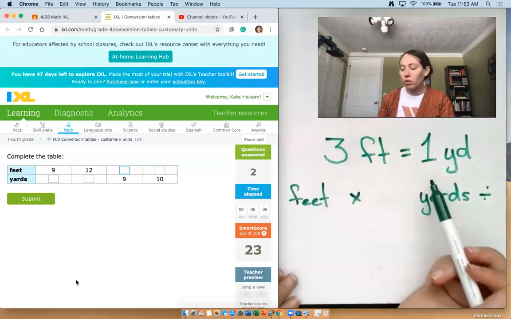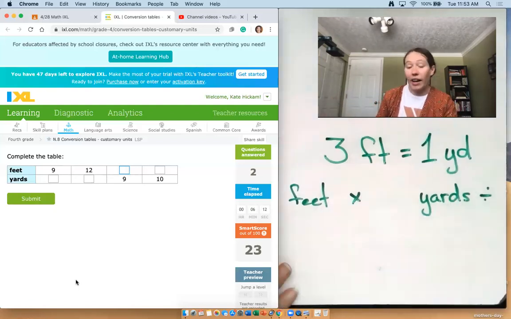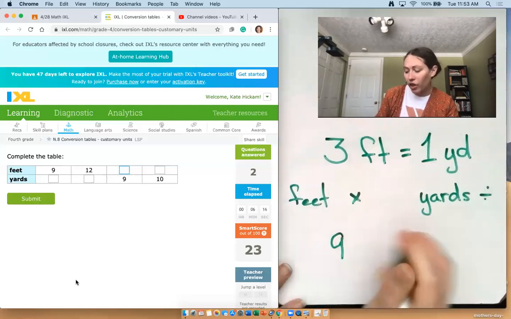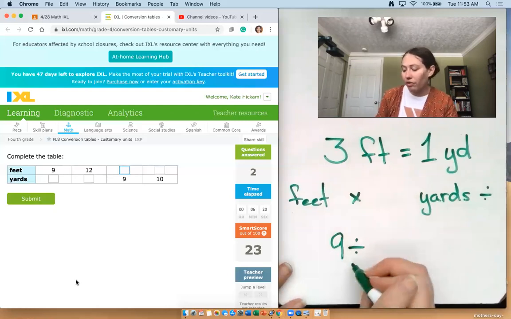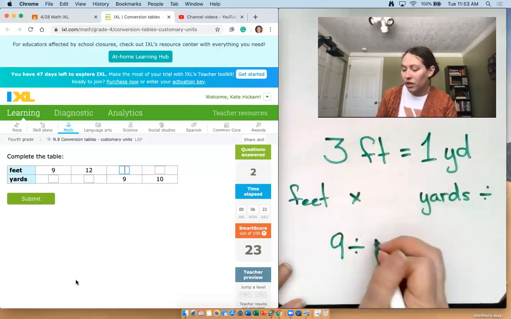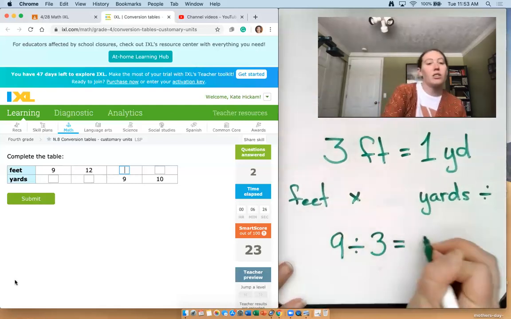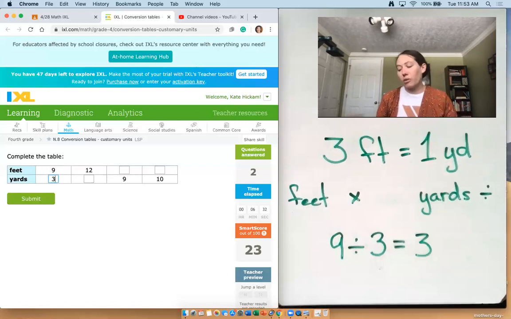And we know when we multiply, we get bigger numbers. And when we divide, we get smaller numbers. So if I have 9 feet and I'm looking for yards, I'm going to divide by the number of feet that go into 1 yard. So 9 divided by 3 equals 3. So my first one is going to be 3. 9 feet equals 3 yards.